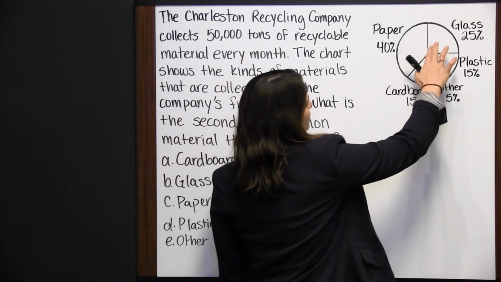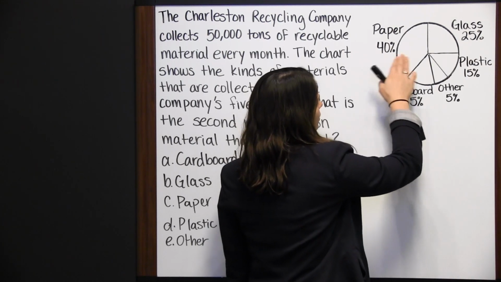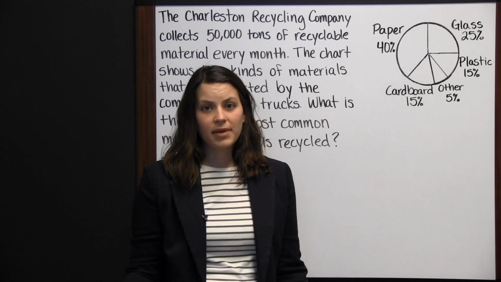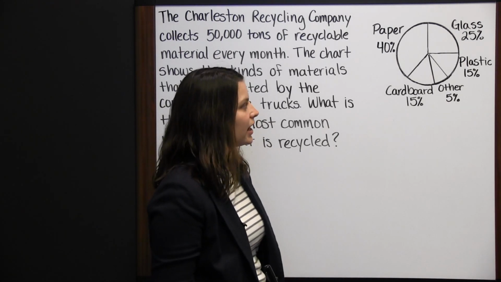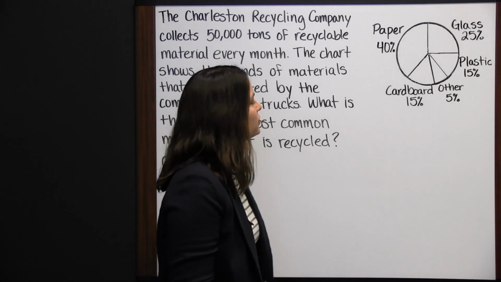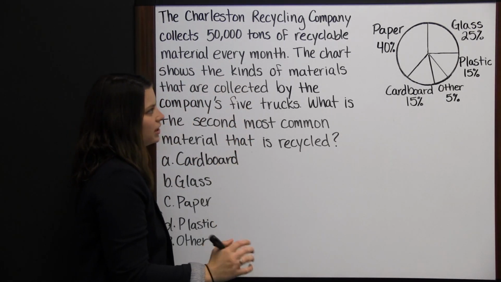The larger the slice, the larger the percent. And the larger the slice and percent means the more common that piece of data is, or the more times that data occurs. So in this case, they're asking what the second most common material is.